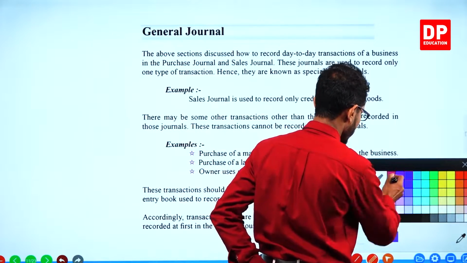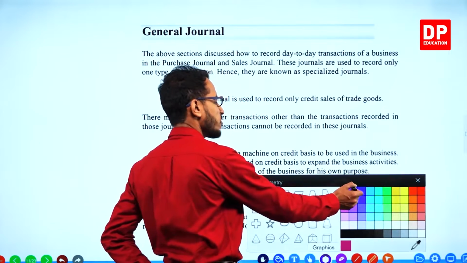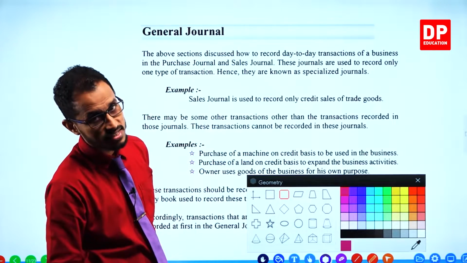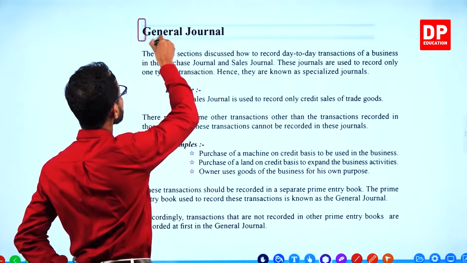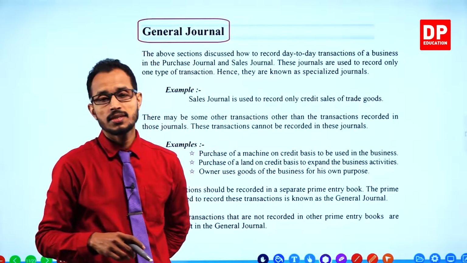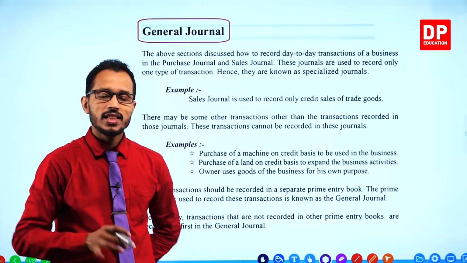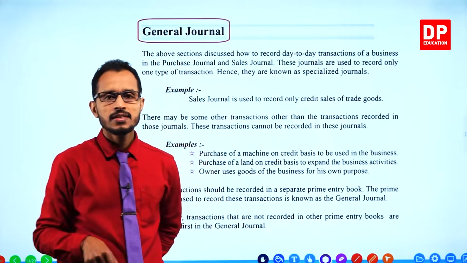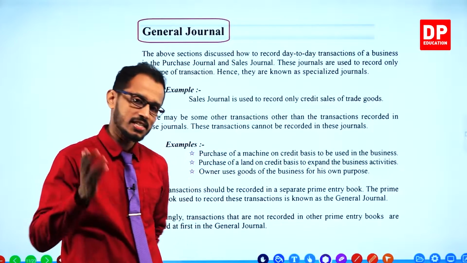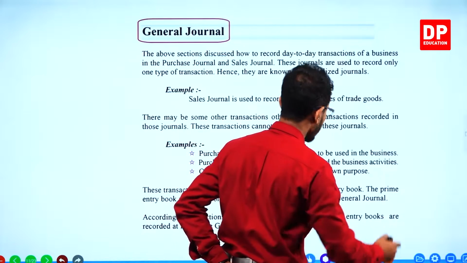To start with, tell me, how many prime books have we studied by now? Except this one. Well, in this lesson, let's start with the first journal we came across in Unit 10.